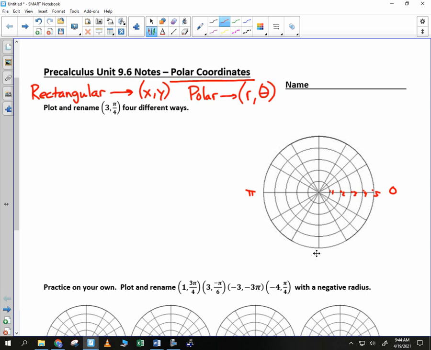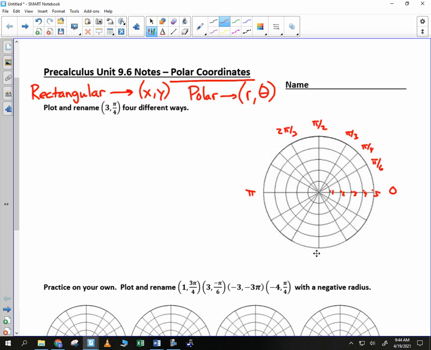What's this spot up here? Pi over 2. And you kind of get the idea, this could be pi over 6, pi over 4, pi over 3. This spot here would be 2 pi over 3.